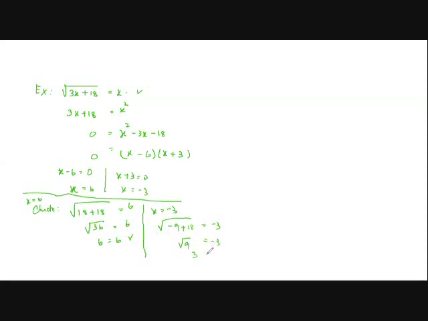So this side becomes 3, this side negative 3. So this one doesn't work, it is rejected. This one is okay. So that's the reason that when you solve an equation, the best way is to check the answer.